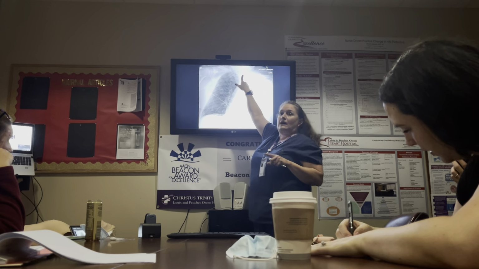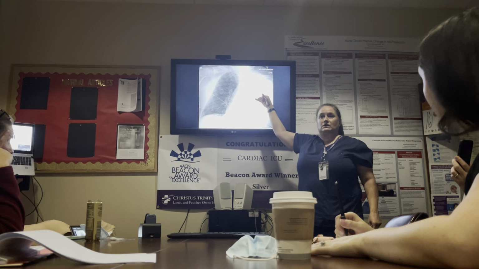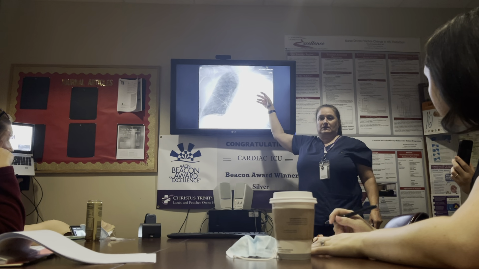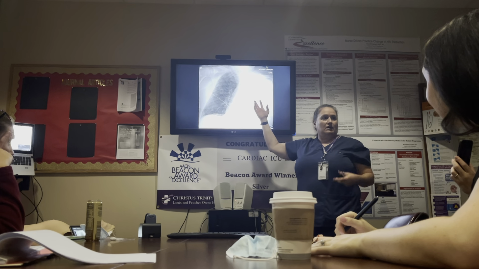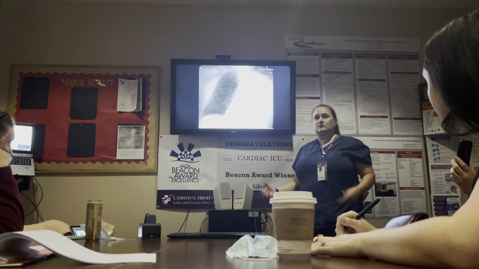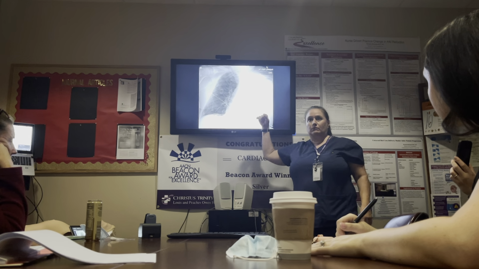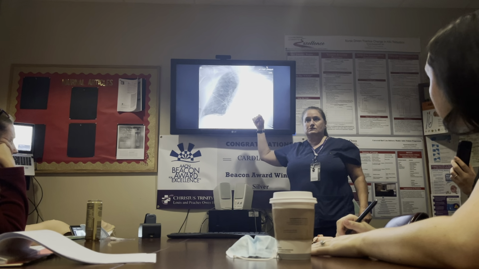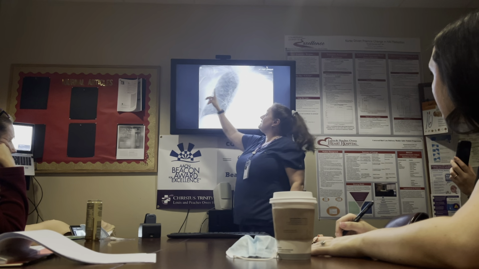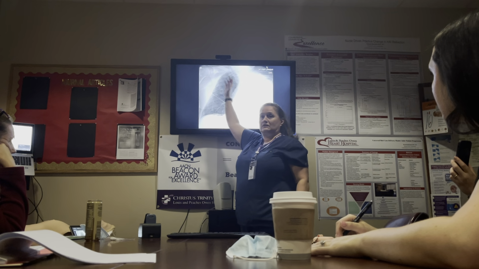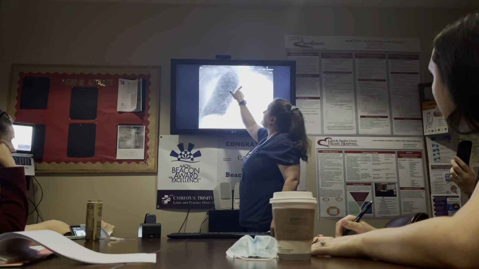But it's kinked, and my guess is, like we've had that over in TCC, where the tube kinks off and nobody's paying attention, and then they had a whole bunch of secretions, and then we end up with them dropping their sats and getting hypotensive because they're having issues with this lung blocking off because of the mucus. So yeah, it's trending this direction, but I think that's where the vent setup is, that it's just pulling it that direction on the right. But there's your PICC line too, and it's coming down and going there.